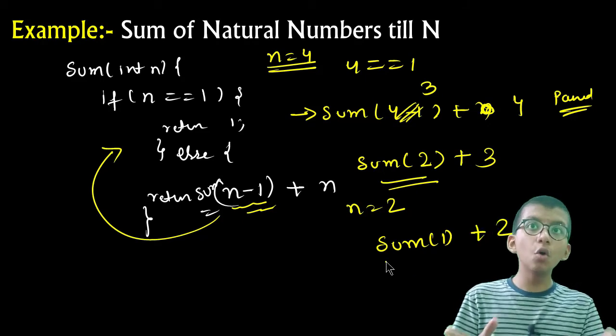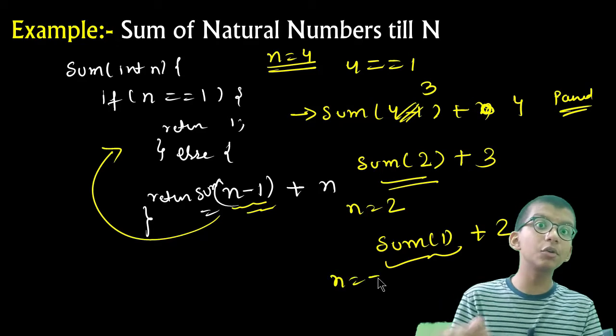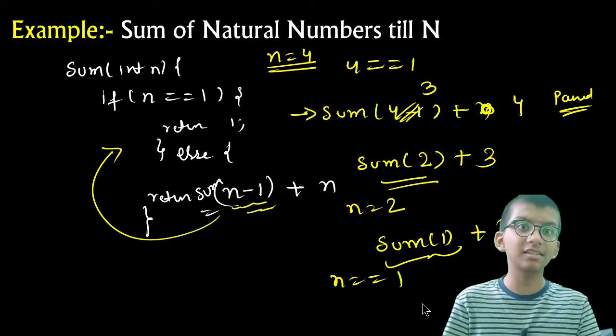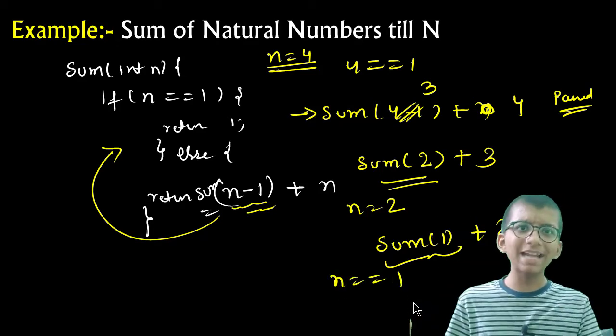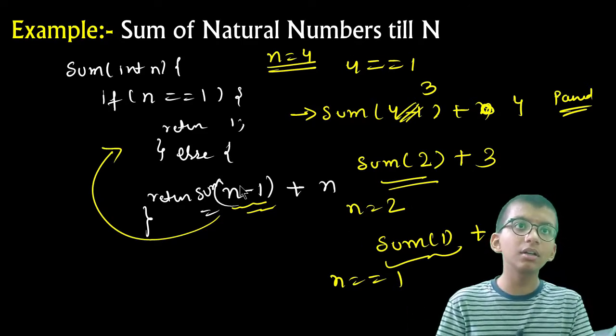Now n equals 1. This is the base case that we know, so this will return 1.